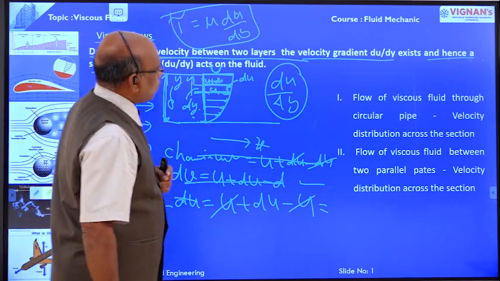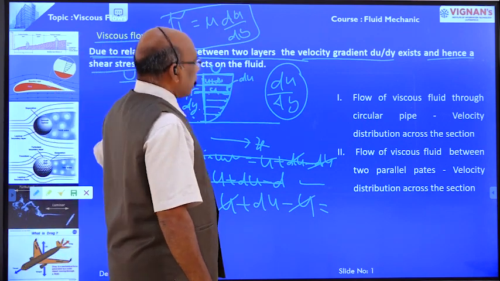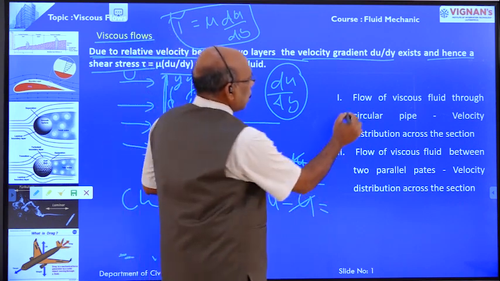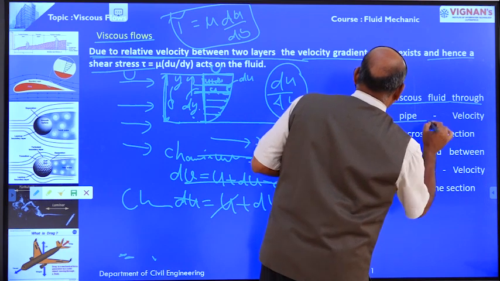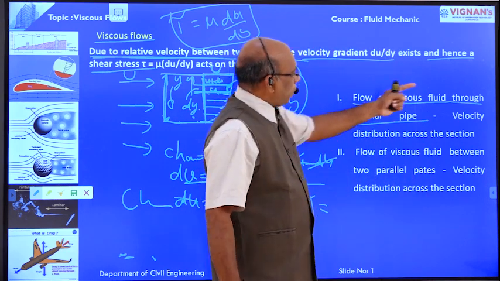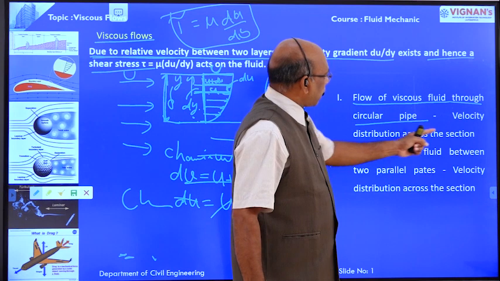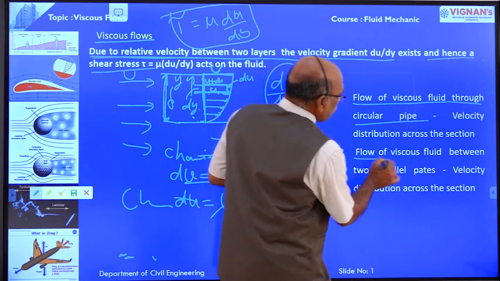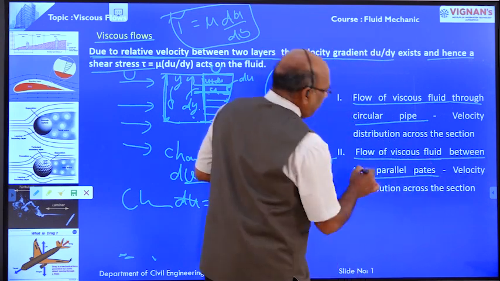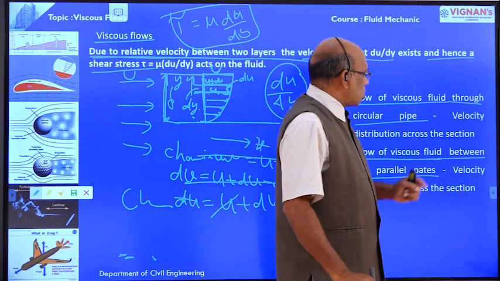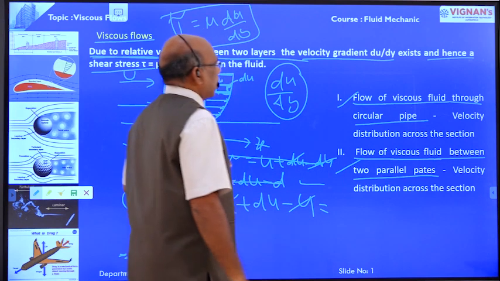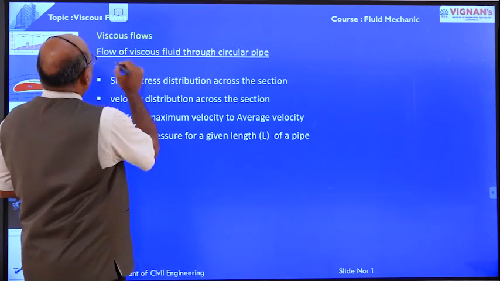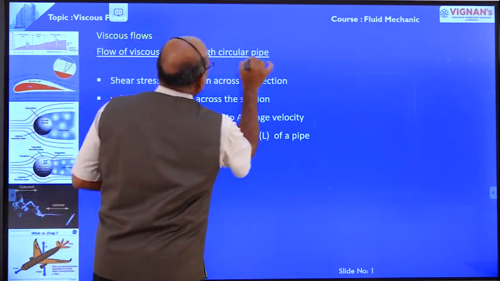Right? This is about that. But in case of viscous flows, we will discuss the flow of viscous fluid through a pipe, with velocity distribution across the section, and the flow of viscous fluid between two parallel plates, with velocity distribution across the section. These two heads we are going to discuss here. Flow of viscous fluids through a circular pipe.